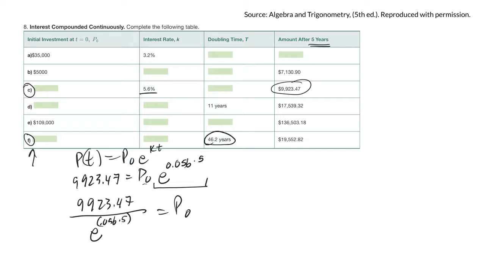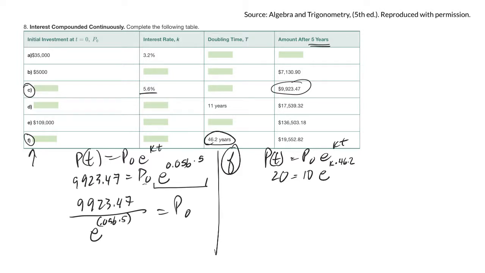Oh, so this one, letter F, is a little bit different. Write our formula down. P0 e to the kt. They say the doubling time is 46.2 years. So if I start, say, at 10, I'm going to wind up with 20 if that doubles. E to the k, that's what I'm going to have to figure out, times the time is 46.2.